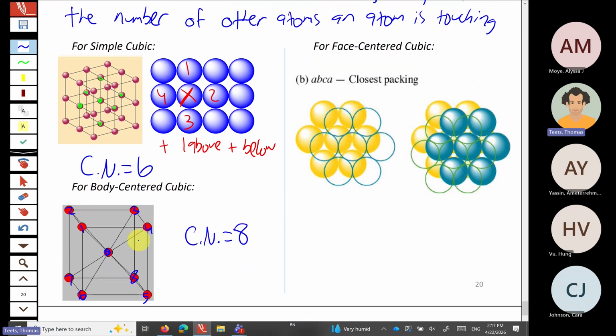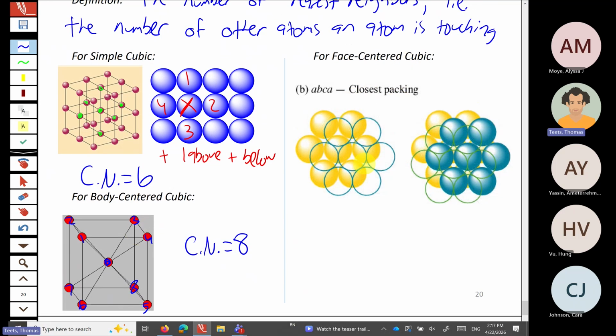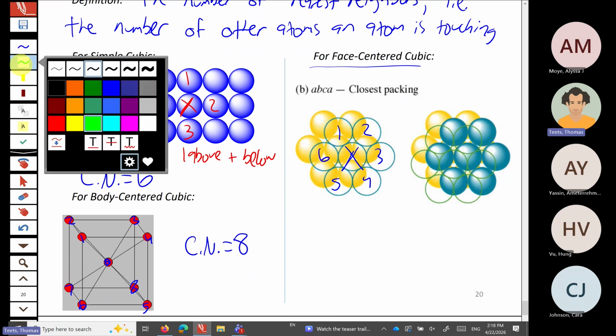And then finally, for both face-centered cubic or hexagonal, I suppose, but mainly for face-centered cubic is what we'll do it for. We can count using the layers as well. If we focus on this atom here, there's going to be 6 atoms in the same layer that are nearest neighbors. And then if we go to the layers that are above and below that, we'll do that in red.